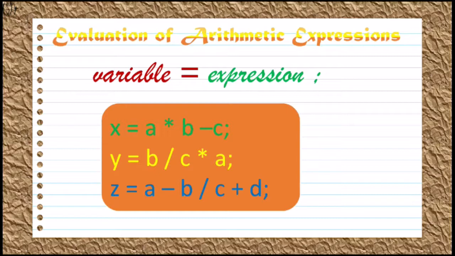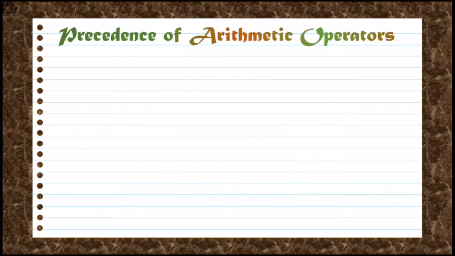The blank space around an operator is optional and only improves readability. When these statements are used in a program, the variables a, b, c and d must be defined before they are used in the expression.